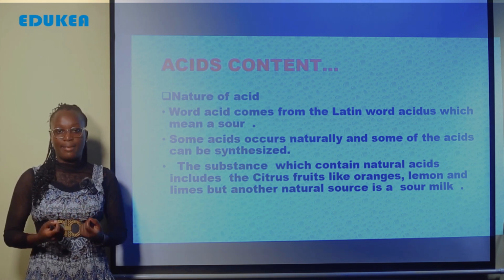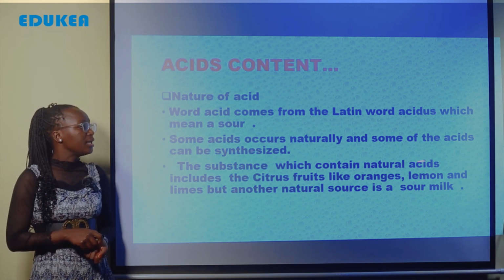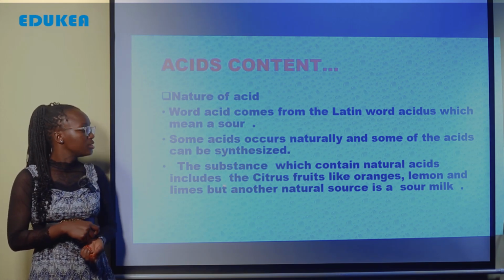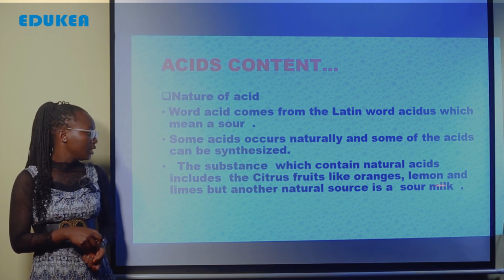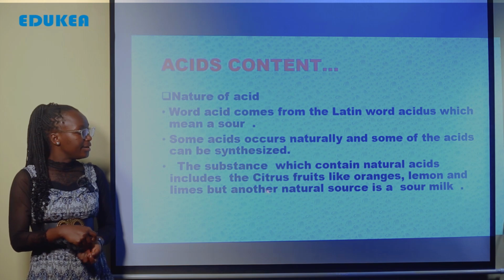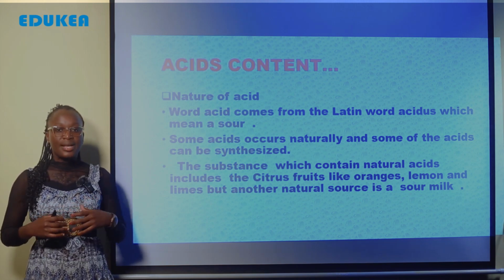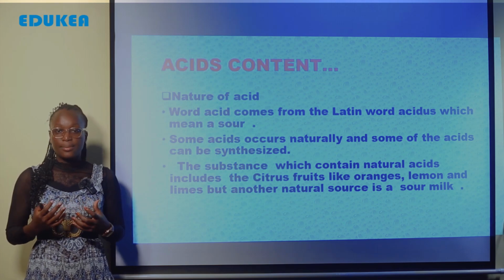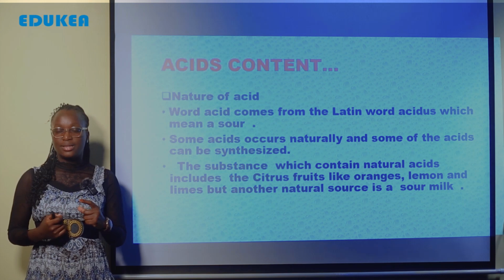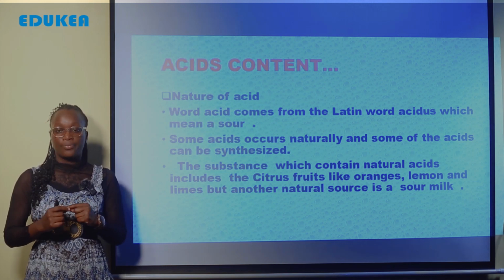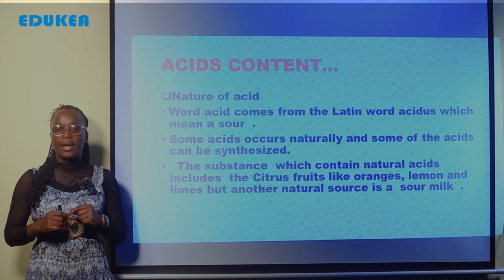Now, the substances which contain natural acids include the citrus fruits like orange, lemon, and limes. Another natural source is sour milk. Kwamba tunaona some of the substances which contain the natural acids, we can see the citrus, yale matunda ambayo yapo in form of citrus.